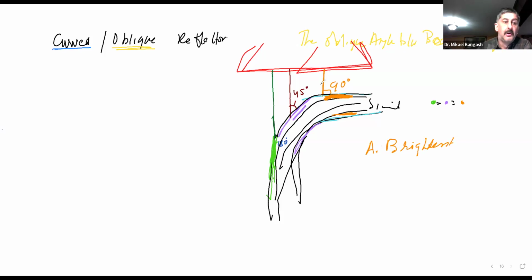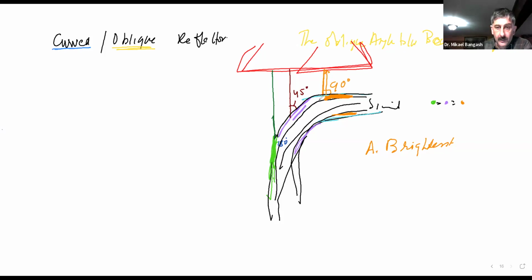And as we knew from back in the days, a 90-degree angle is a normal incidence, which was ideal for your diagnostic imaging, right? Because what's going to happen? Everything will reflect back. Did you guys get that?